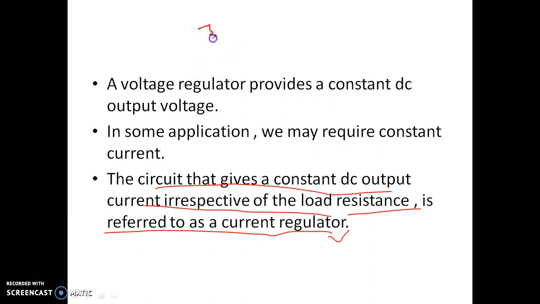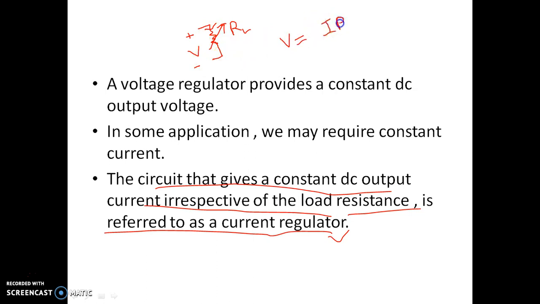See here, suppose this is one resistor which is varying, and suppose the resistor is RL, and the voltage across the RL resistor is V. Now suppose RL decreases, then the current flowing through RL will increase, and suppose RL increases, then the current flowing through the resistor will decrease, because we know V is equal to IR.